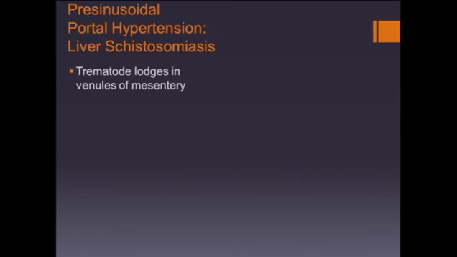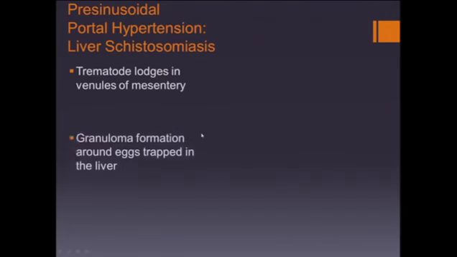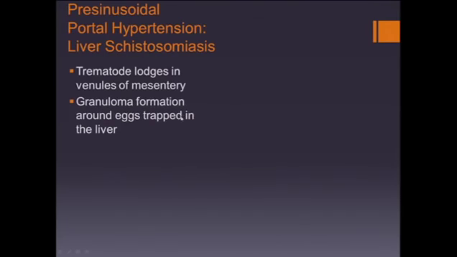We're now going to talk about pre-sinusoidal portal hypertension, and one of the causes of pre-sinusoidal portal hypertension is liver schistosomiasis, which is one of the most important causes worldwide. Schistosomiasis is caused by a parasite known as a trematode, which lodges in the venules of the mesentery. It lays eggs, and these eggs eventually get trapped in the liver and create a granulomatous reaction.